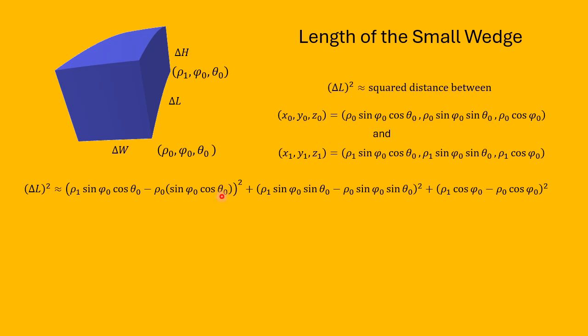So let's take the difference of these x coordinates, quantity squared, plus the difference of these y coordinates, quantity squared, plus the difference of these z coordinates, quantity squared. This time the z coordinates are not equal. Here we have a rho naught, here we have a rho 1, so that third term is not 0 anymore. It's this stuff right here.